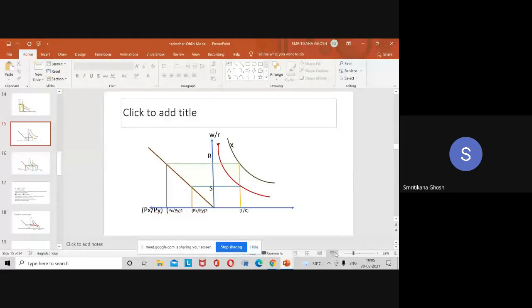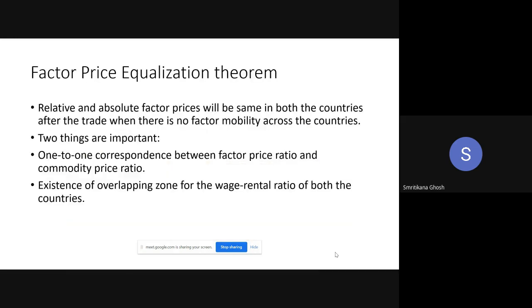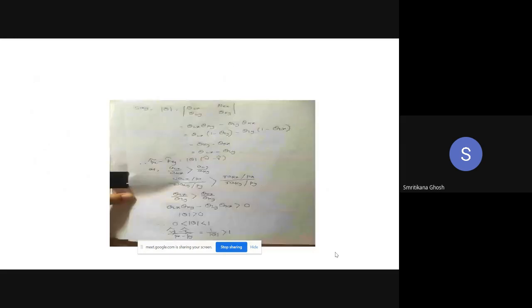So we are discussing the Heckscher-Ohlin model. We have proved the Heckscher-Ohlin model with the help of the price definition. Then we discussed the factor price equalization. This is the mathematical derivation of the HO model.